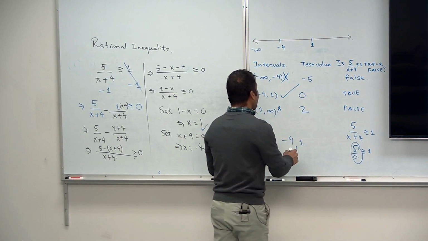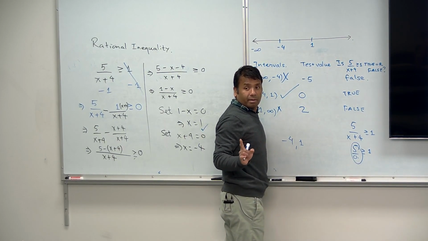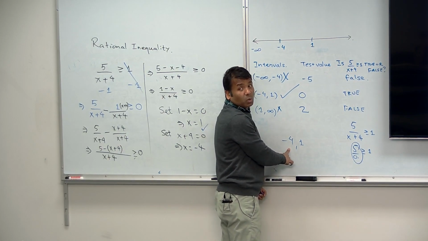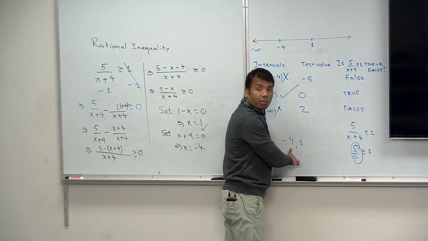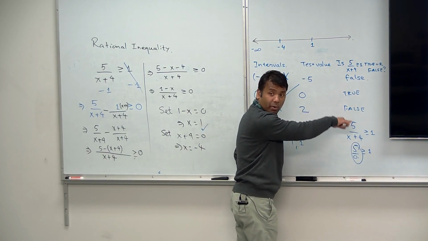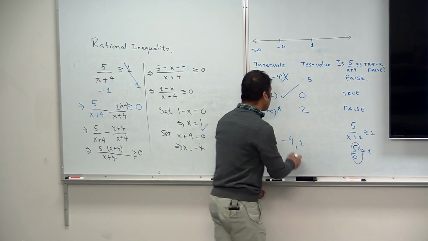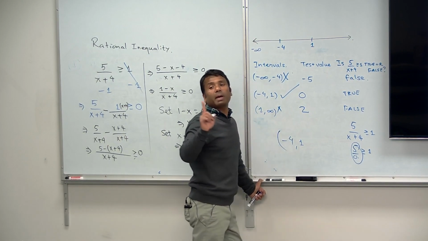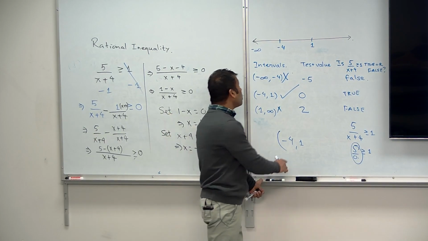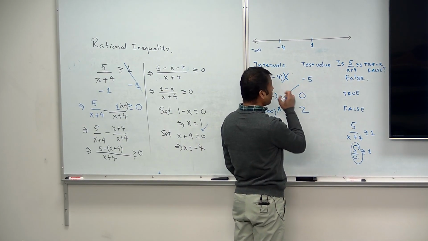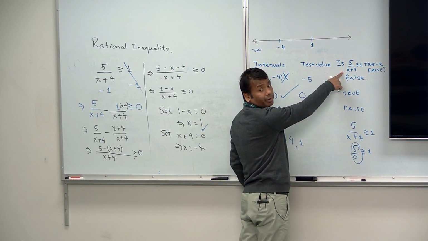So that's why, however, this is a non-strict inequality, right? We are not going to include negative 4 in our solution set because negative 4 makes the denominator 0 and our rational inequality will be undefined. So that's why you exclude. That means we have to put parentheses. Does that make sense? But we will include 1 because 1 does not make any problem here, right?